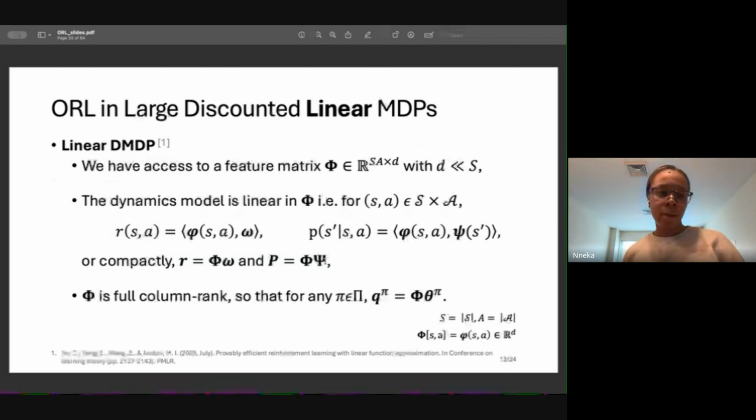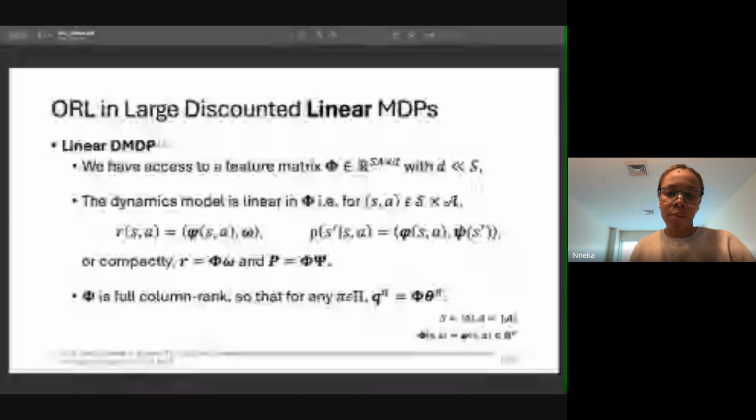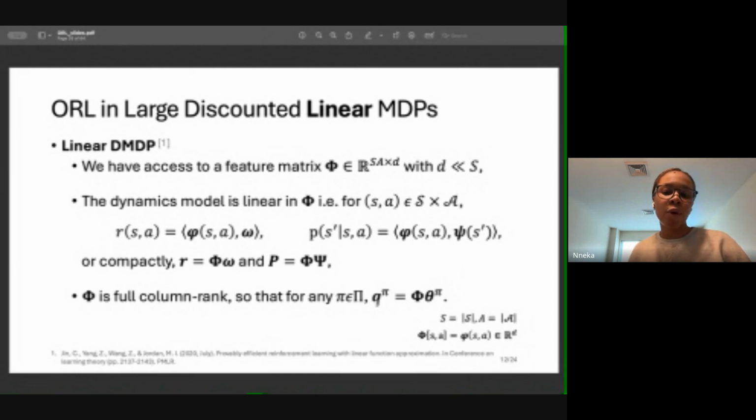One other thing that we assume in the paper is that the feature matrix itself is full column rank. What this permits is that we can be assured that the action value function of any policy is linearly realizable in the feature space with respect to some unique weight vector theta pi.